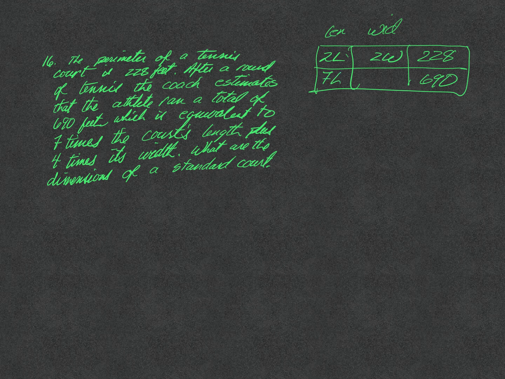And then they say it's 4 times the width. And so when I look at this, I can very quickly write the equations just by organizing my data into a chart, and that makes it really nice. So there we go. There's that.